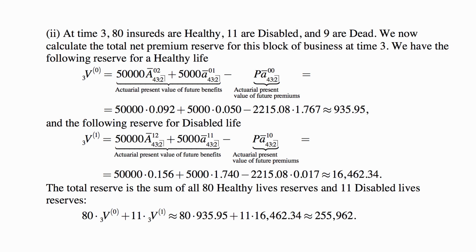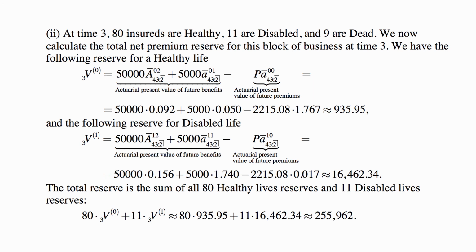Minus the premium, which is paid as a continuous annuity, right? The person is now 43, 2 more years, and the annuity is paid in such a way that the person is now healthy, and the payment will happen in the future while the person is healthy.